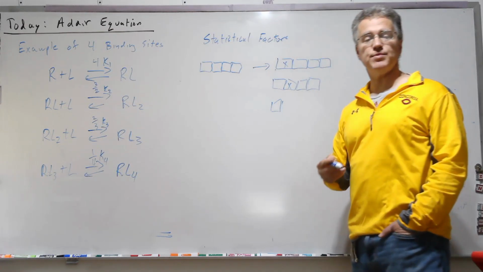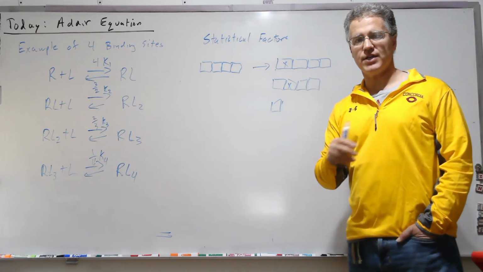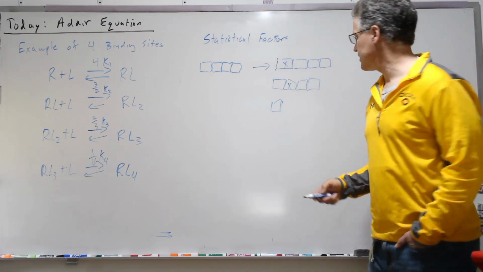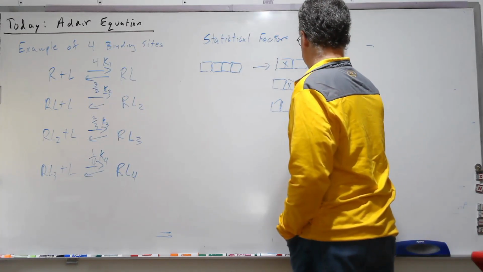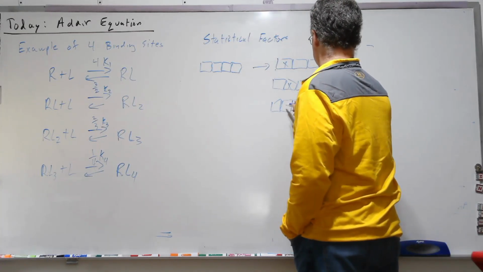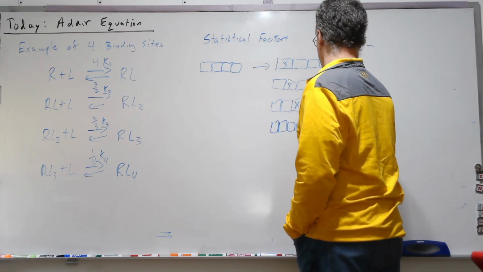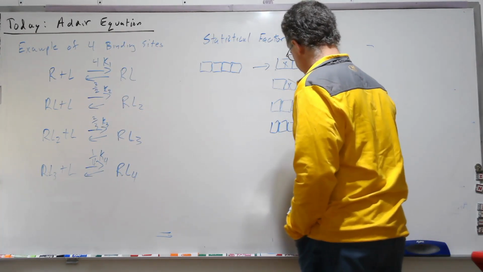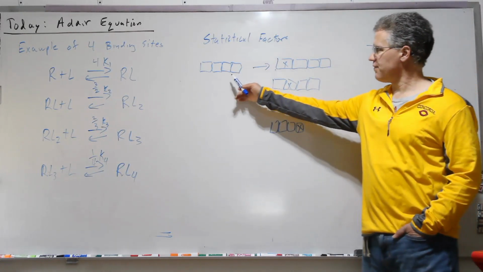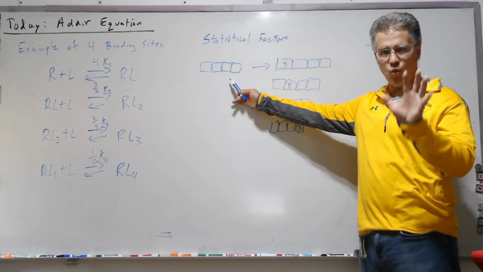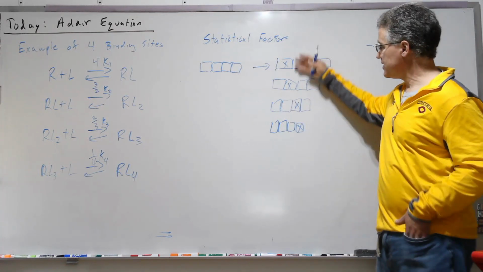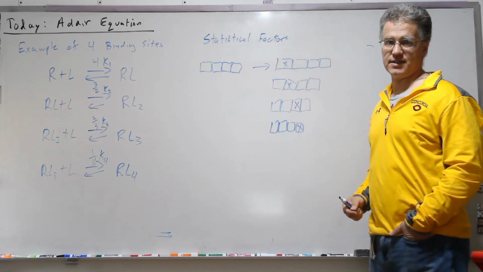And what's being assumed here is that all the sites are equally likely for the first ligand. And so we see we go from a case where we've got 1 possibility statistically to 4 possibilities statistically.